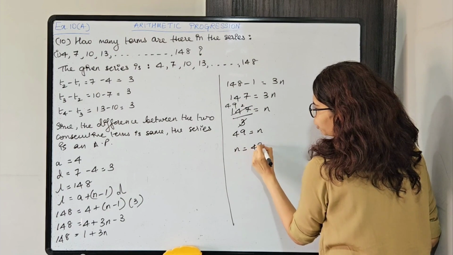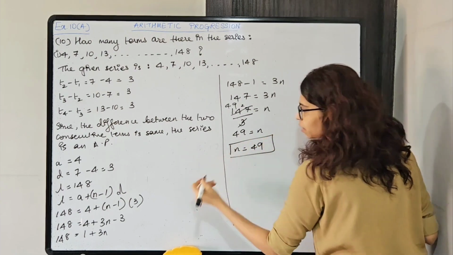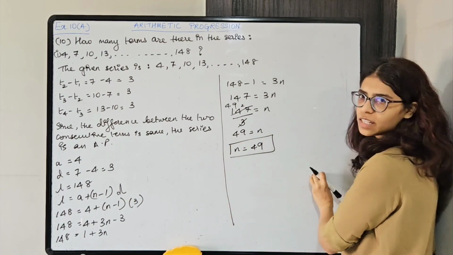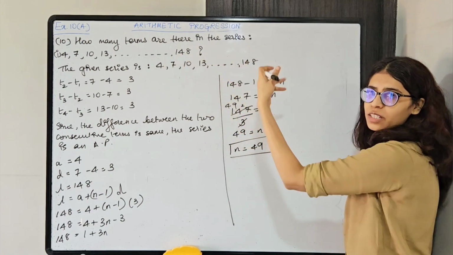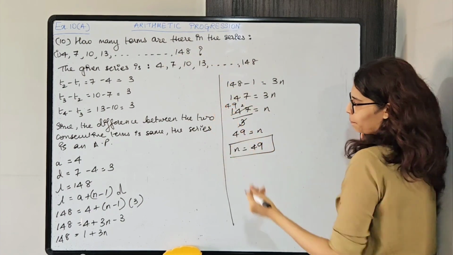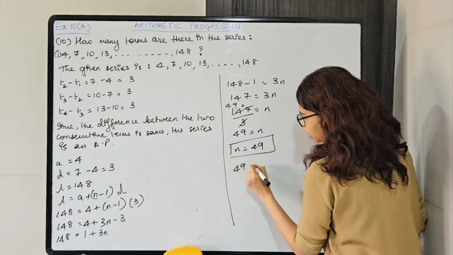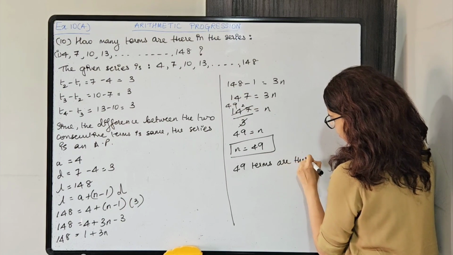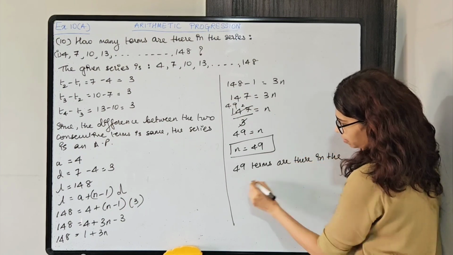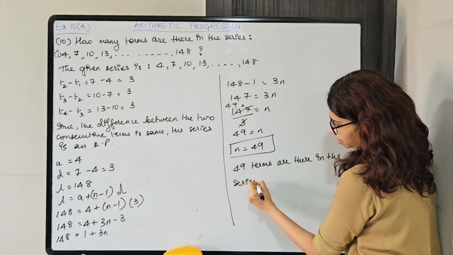That is, n is equal to 49, box कर दो. Final statement: ये 49th term है, so 49 terms are there in the series. So write down 49 terms are there in the series.